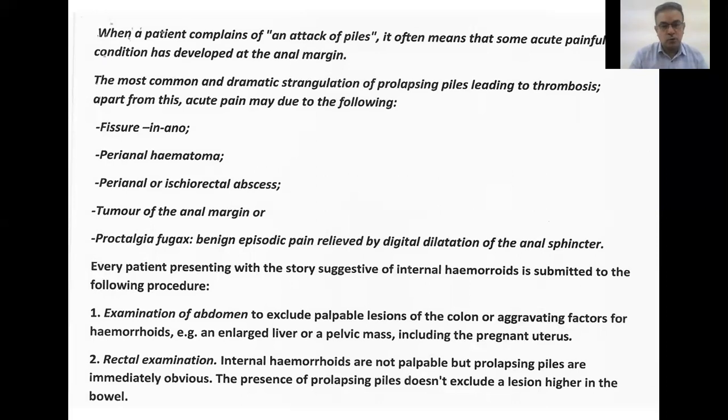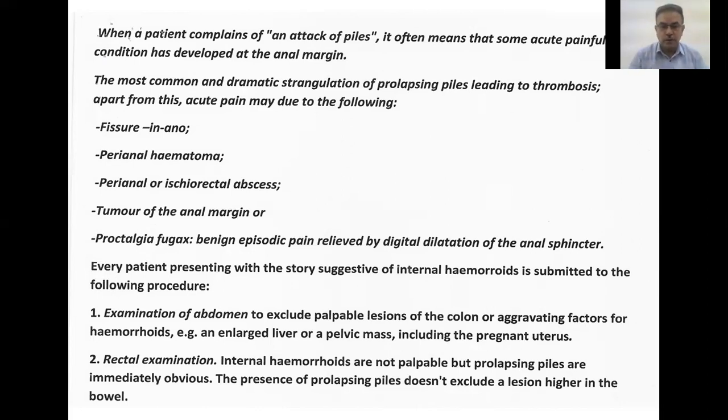When a patient complains of an attack of piles, it often means that some acute painful condition has developed at the anal margin. The most common and dramatic is strangulation of prolapsed piles, an important complication of hemorrhoids that leads to thrombosis.